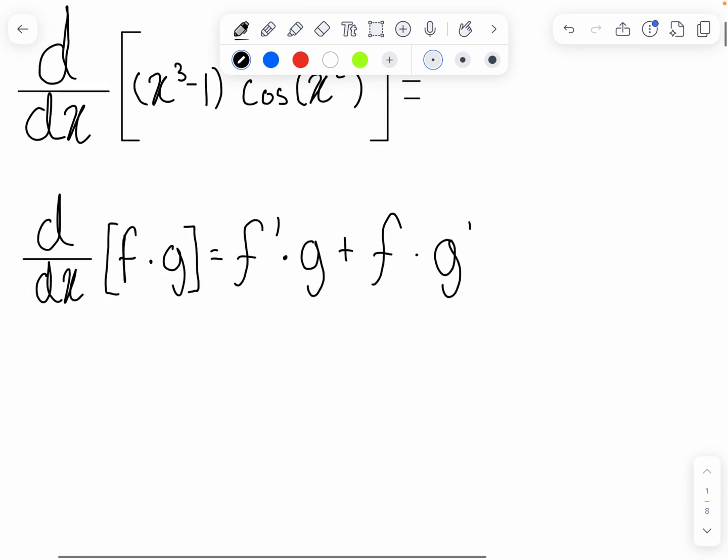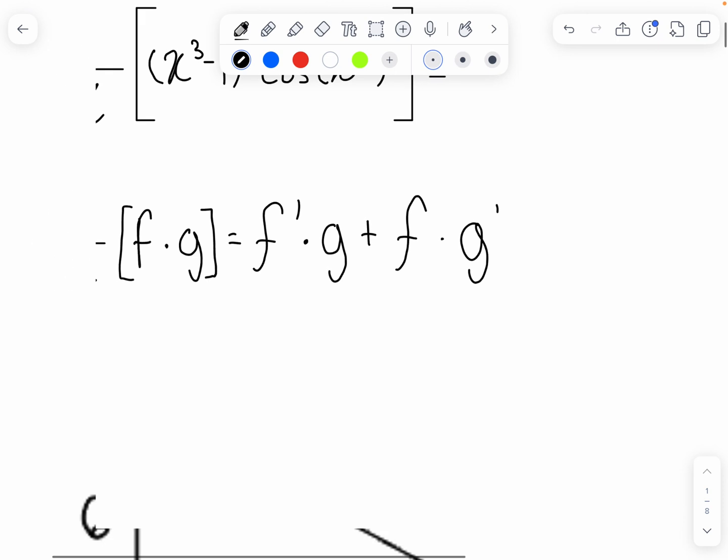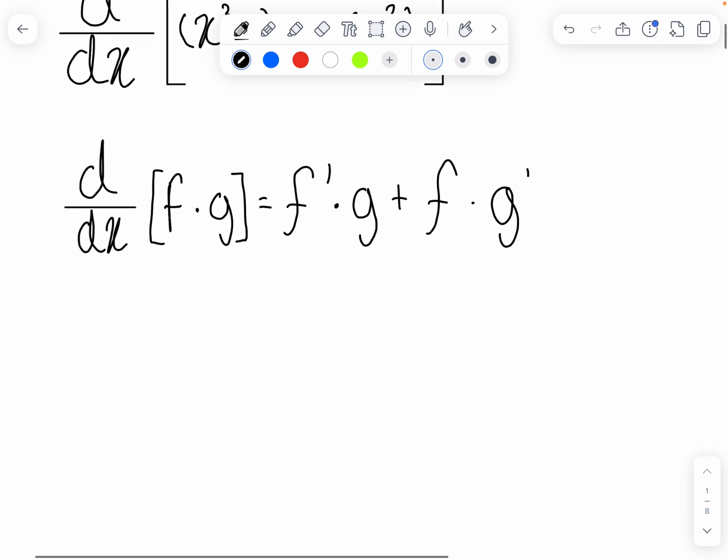So for this, we had to find the value of f prime, g, and g prime.